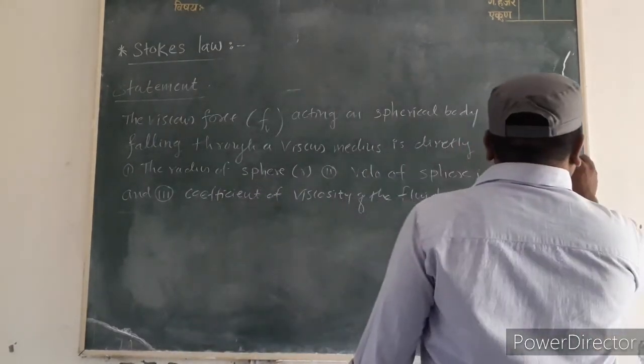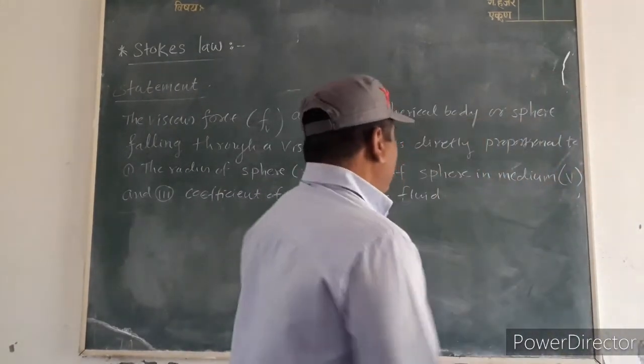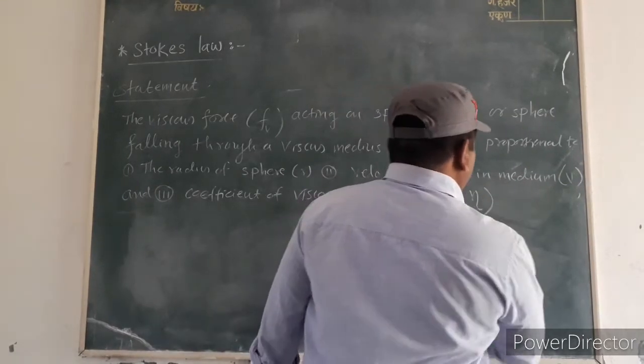Suppose this velocity is v and the coefficient of viscosity is eta.